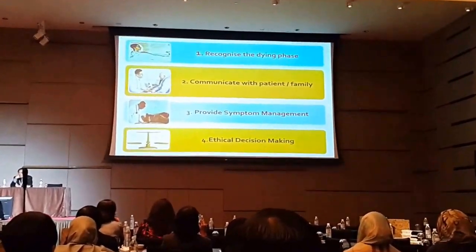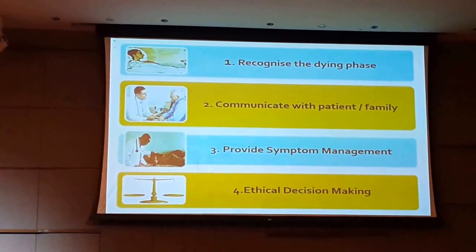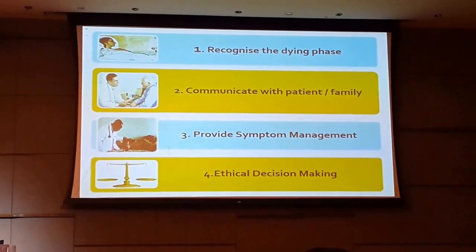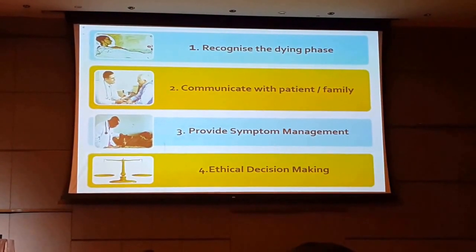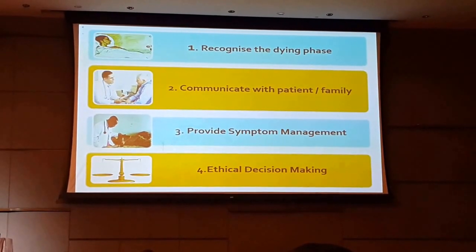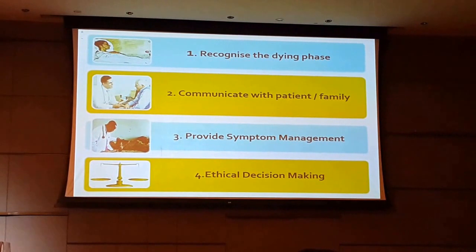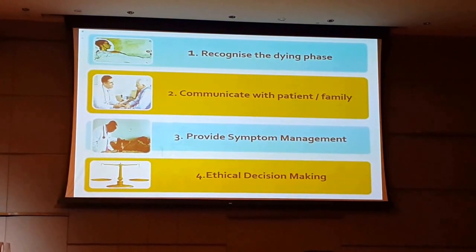difficult time. And I would always say that there are four main components to end-of-life care. The first component is to be able to prognosticate and recognize the dying phase, to recognize what's happening to your patient, that things are going down. Second is when we recognize how things are, we should communicate that with the patient and with the family.